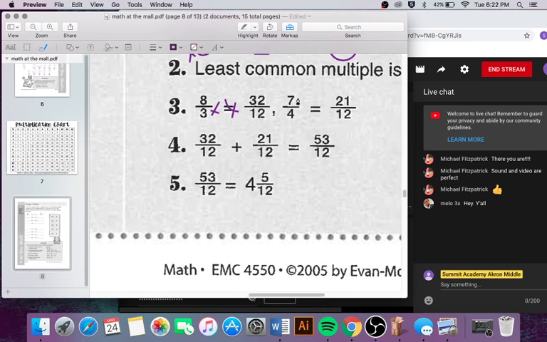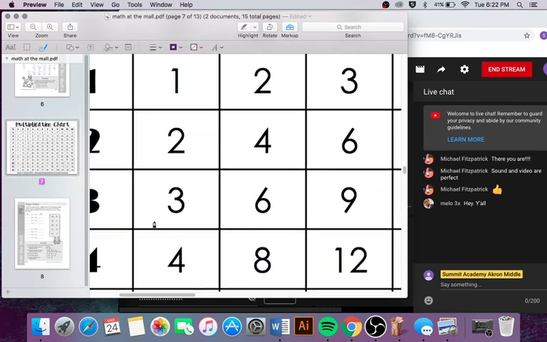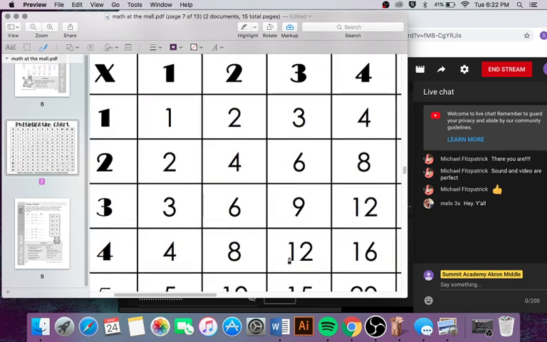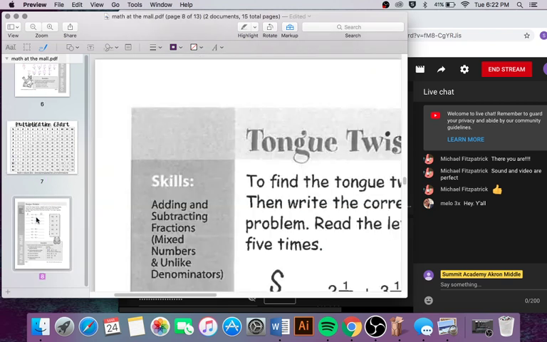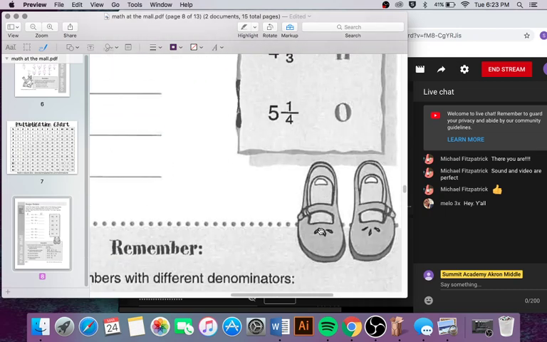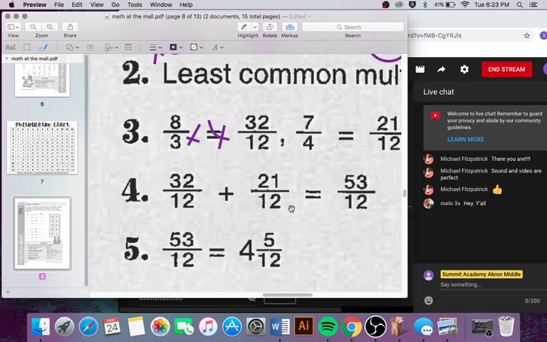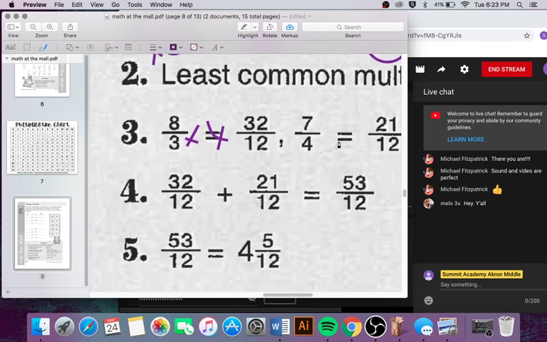Our other fraction is 7 over 4. And we need to get that over 12. So we have to figure out how many times 4 goes into 12. If we go back to our multiplication chart, 4 goes into 12 3 times. So down here, we would multiply times 3.